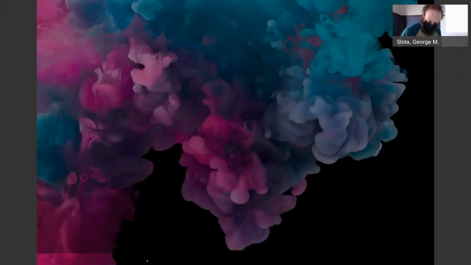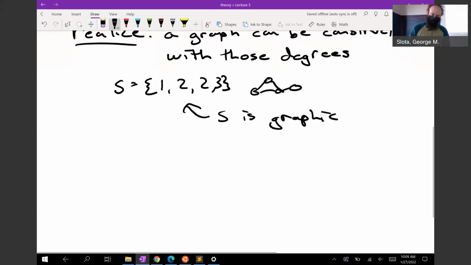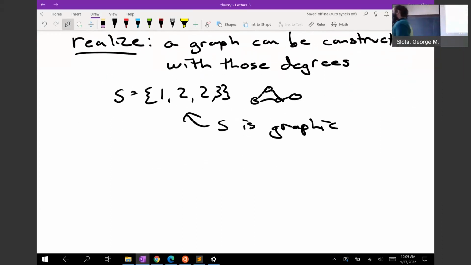Obviously, we can construct a graph, and we would say S is graphic. So outside of explicitly instantiating the graph, which I'm going to do with trivial cases here, what about in general? What about an arbitrarily large sequence? Is there a way we can determine this? Not all sequences are going to be graphic.